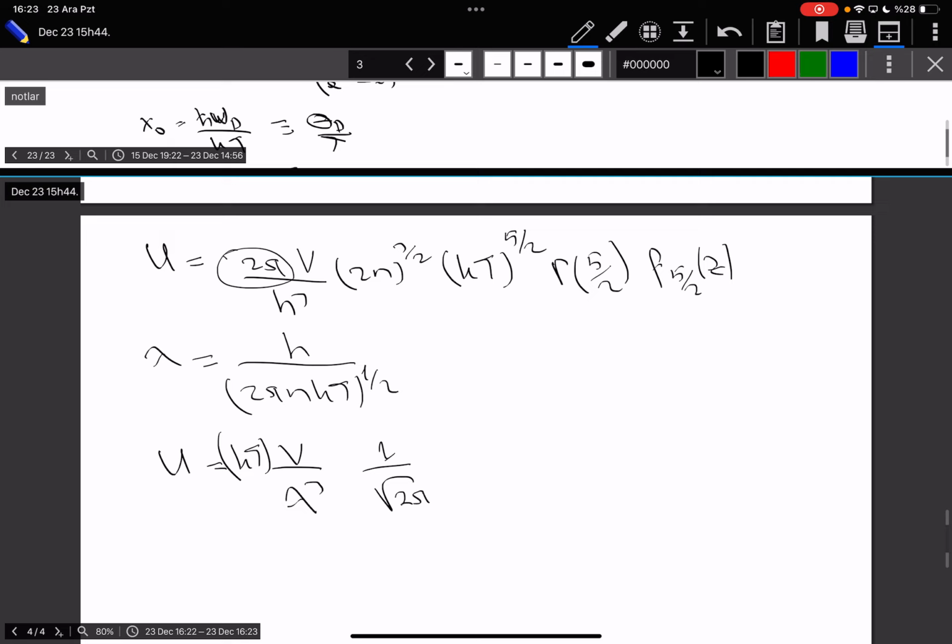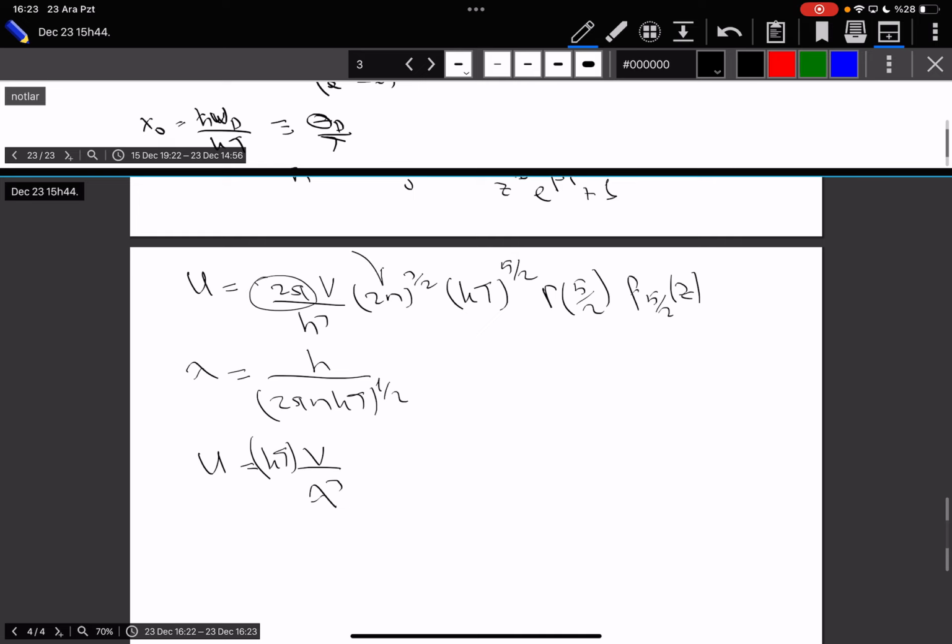I should cancel square root of 2 pi. And then 2m to the power 3 over... No, sorry. 2m to the power 3 over 2 is already there. kT to the 3 halves is already there. 2m is already there. Here I have a pi to the power 3 halves in 1 over lambda cubed, but in the U I have 2 pi. This is U.